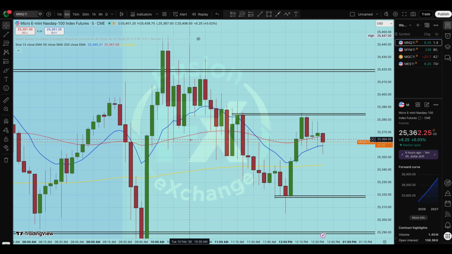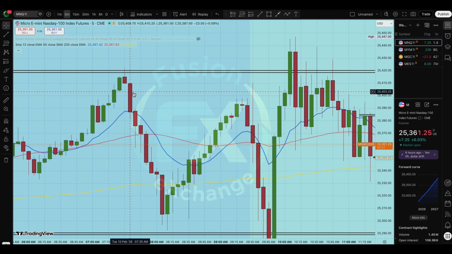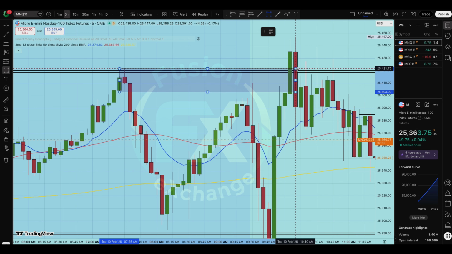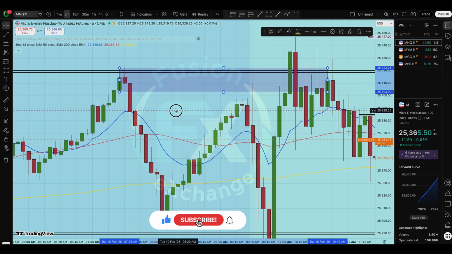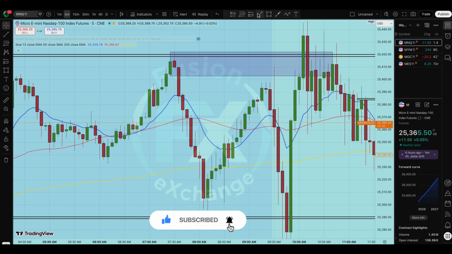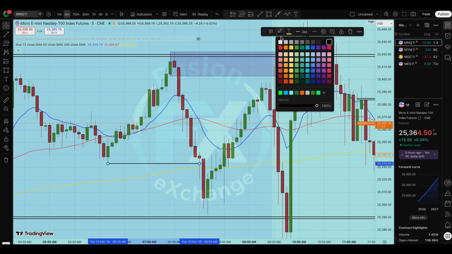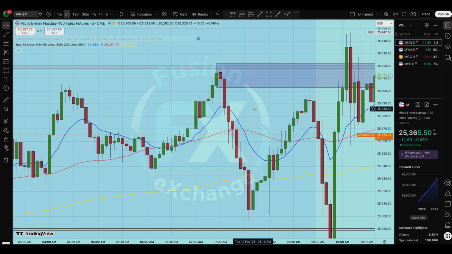It was a trade that was earlier. I believe this was the setup. We have supply right here, and we have a breaker structure under here, like that.